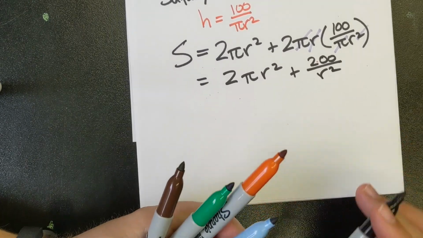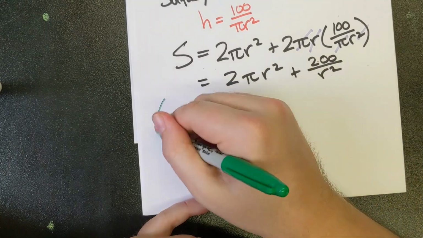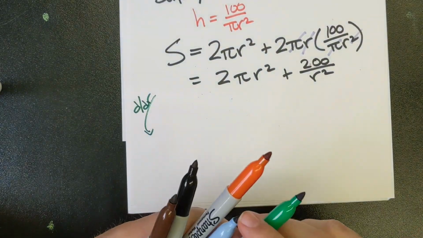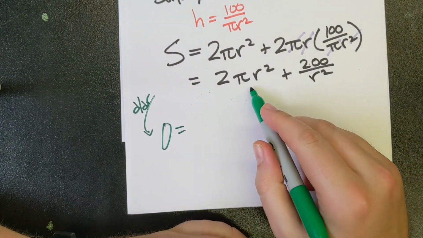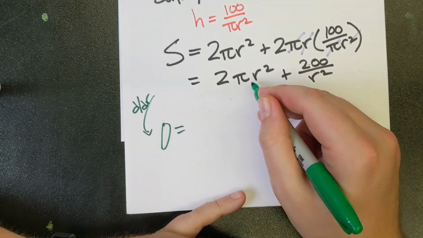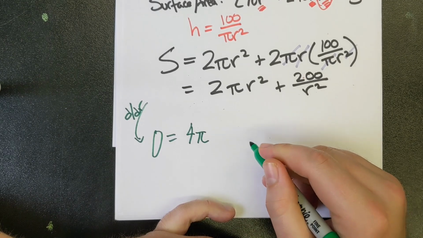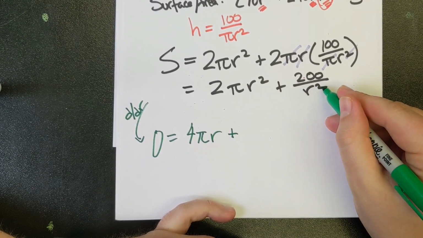Now we can take the derivative of this and find when it's 0. So I'm going to be taking the derivative with respect to radius. And I want to know when is it 0. So it's going to come out to be the radius of the power drops down, so it becomes 4 pi times my radius plus, this is r to the negative 2.